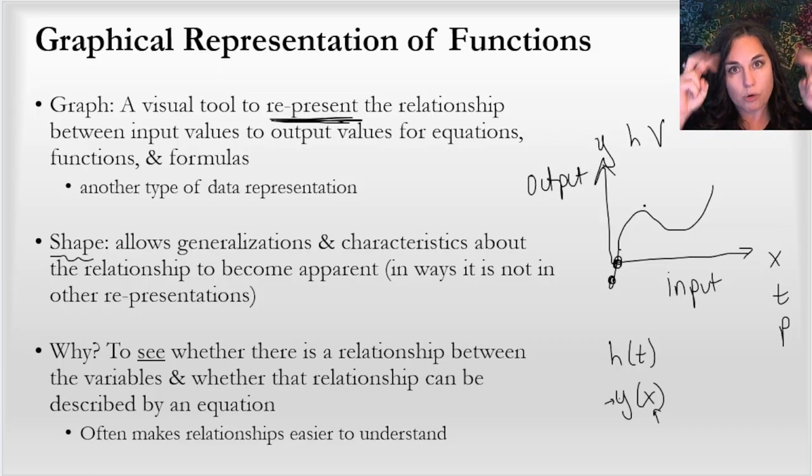So when I say important features, these are the things that I'm talking about that become apparent on a graph that's not in that algebraic equation. A lot of times, why? To see whether there is a relationship between variables. So especially as we move towards regression, is there a relationship between two variables? What does that relationship look like?